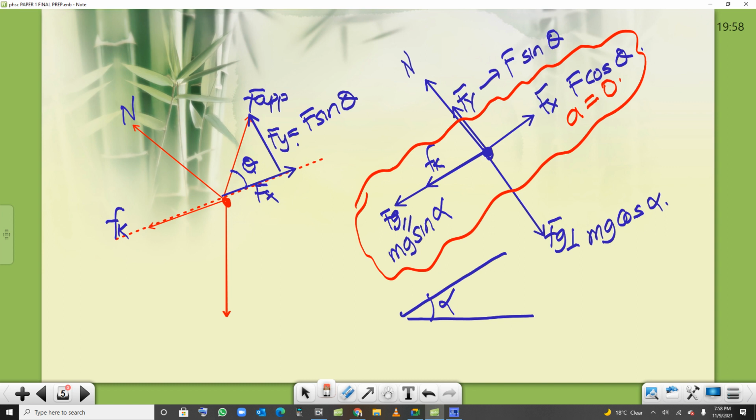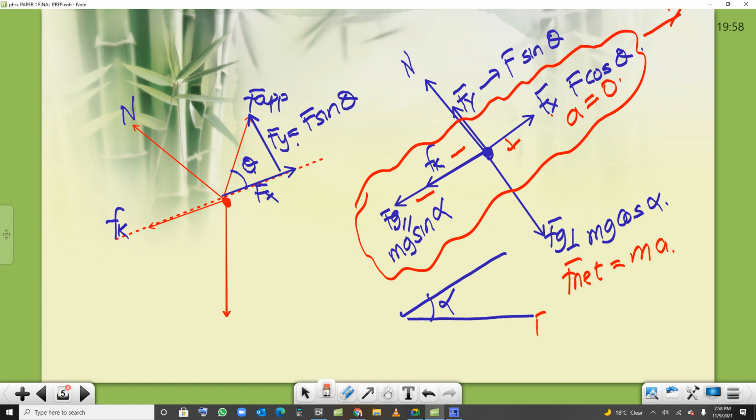Is that okay? How is the object moving? Up the plane, right? Make that what? Positive. So this becomes positive, right? What will this become? And so when we say F net is equal to ma, what forces do we refer to? The one in the red box, right? Those are the ones controlling the object. By the way, do we know Fx?